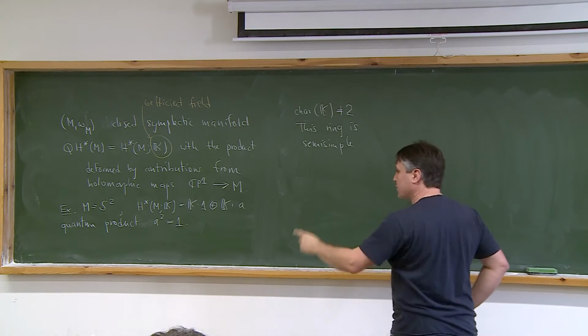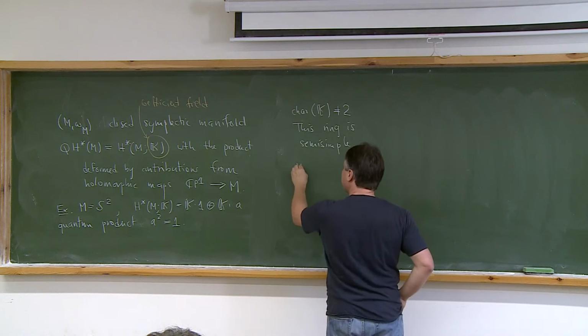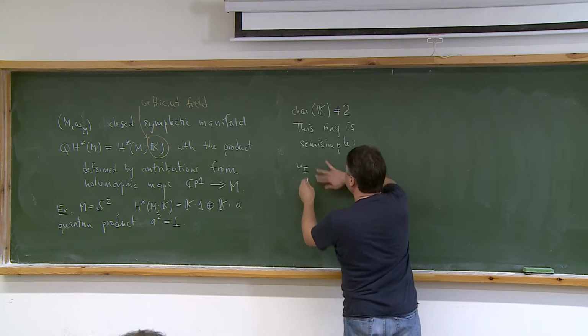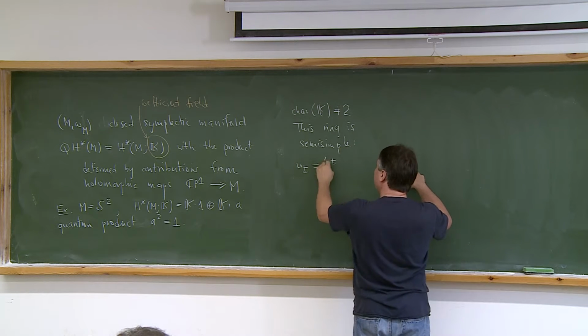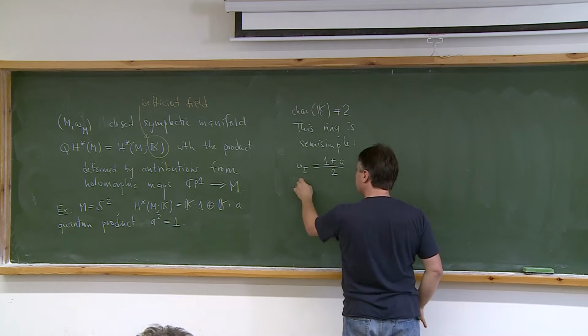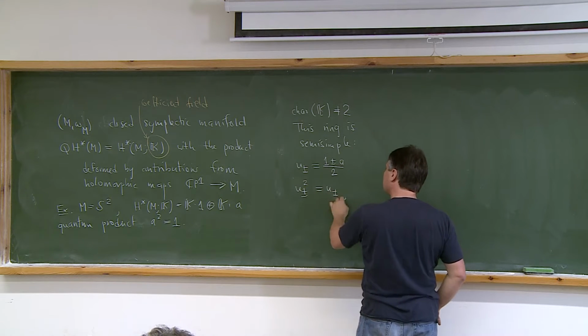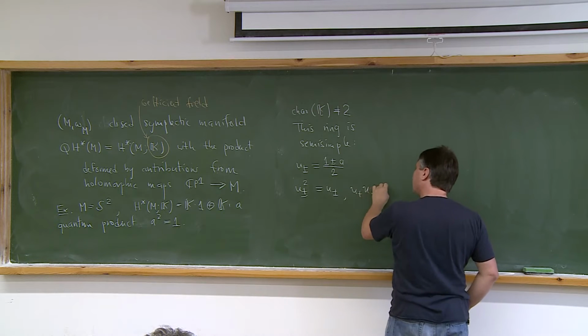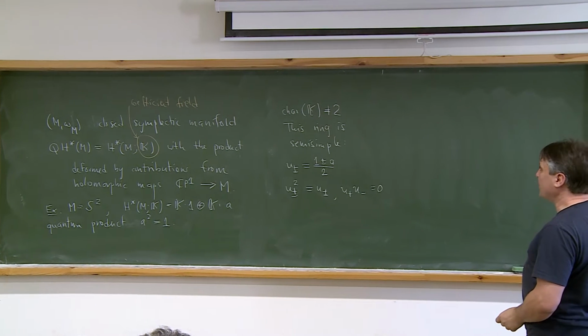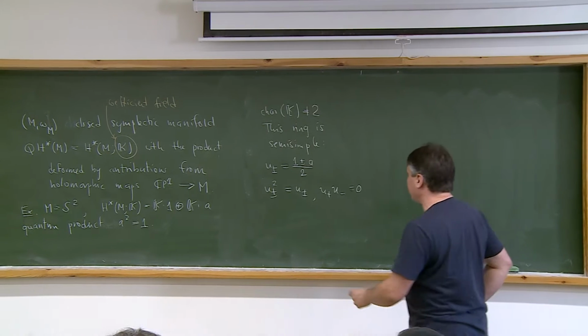So you have two idempotents, (1 plus minus a) over 2. They satisfy the idempotent relations, and they are mutually orthogonal. So these idempotents decompose it into a sum of two copies of the field.